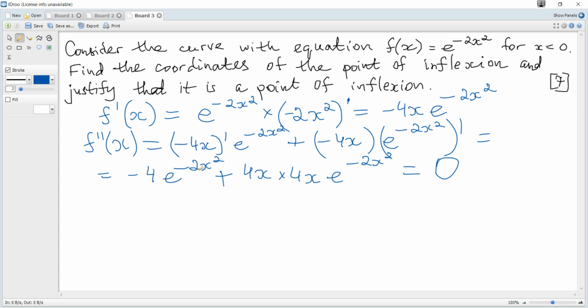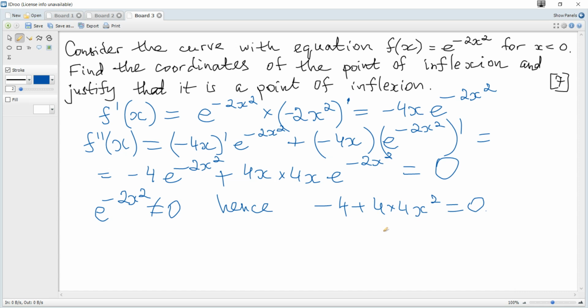e to the power of negative 2x squared cannot be equal to 0 at all. Hence negative 4 plus 16x squared is 0.